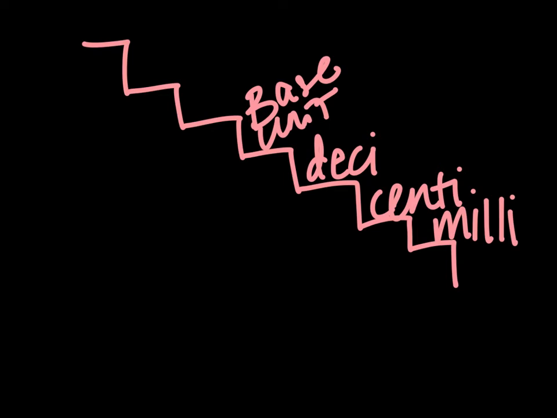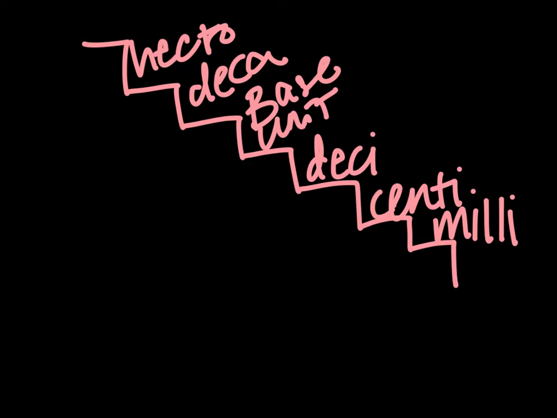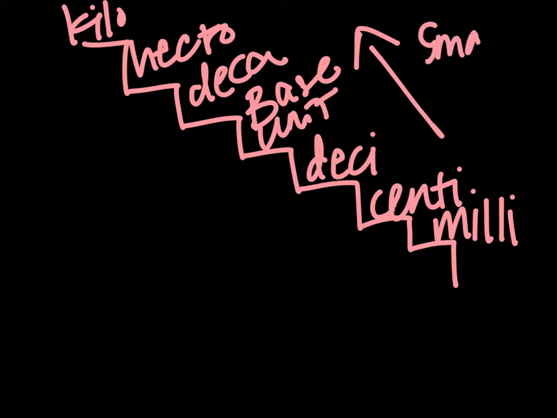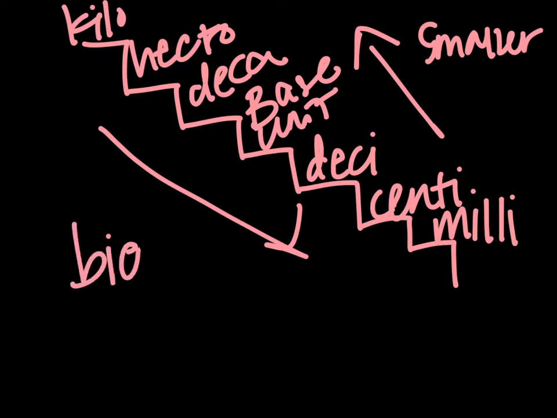And up here we had deca, hecto, which we don't hear a whole lot, and kilo. And kilometer or kiloliter or anything like that is one we actually hear a lot. So remember, when you go up the scale, your number is going to get smaller. And when you go down the scale, your number is going to get bigger.